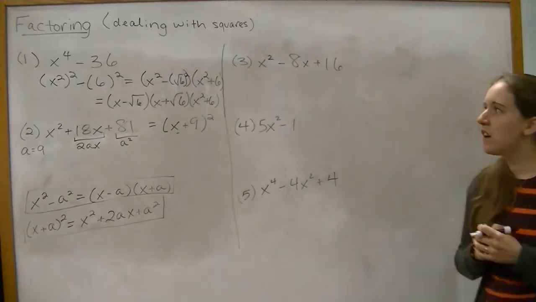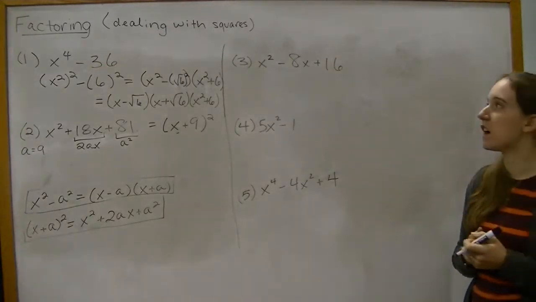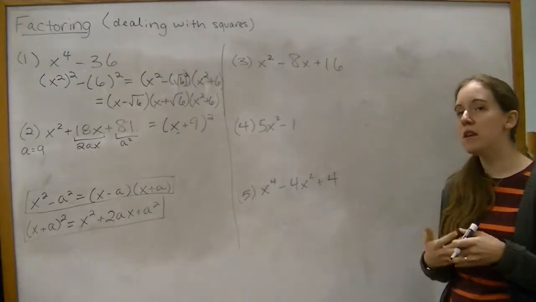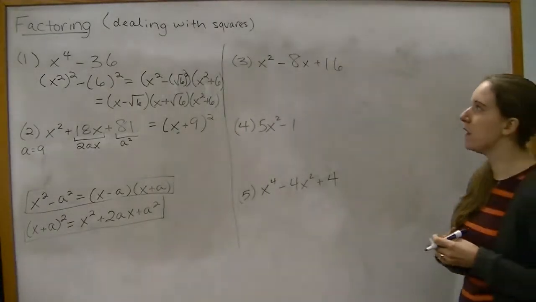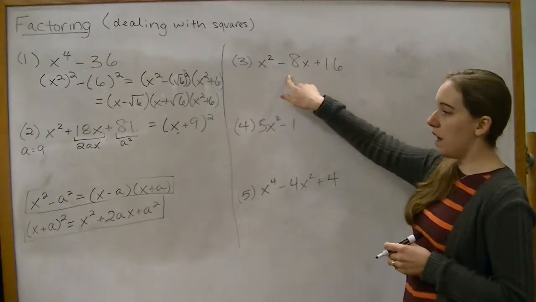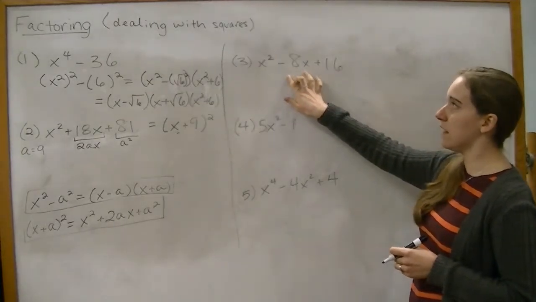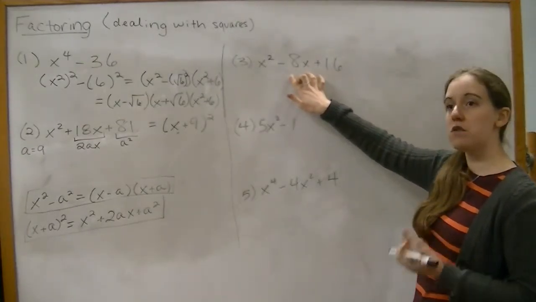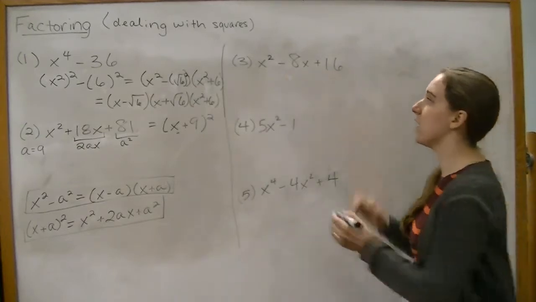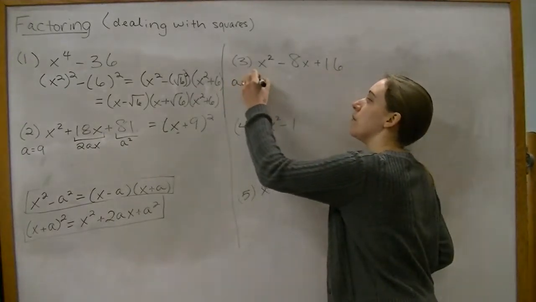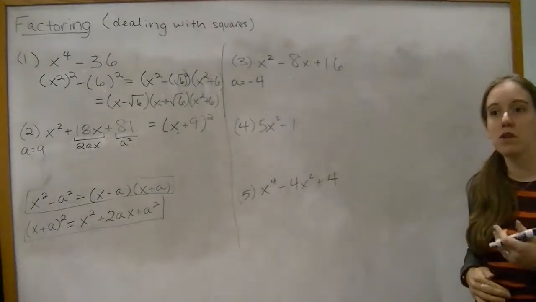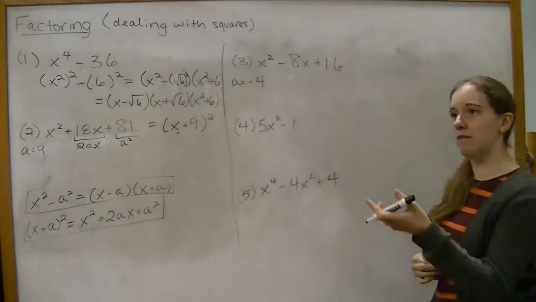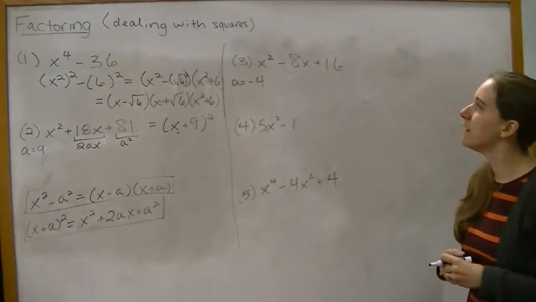Now this third example also has three terms, and it looks like it could potentially be in that same form. So 2ax in this case is negative 8x. So 2a is negative 8, so a must be negative 4, because that's what 2 times a being negative 8 would imply.